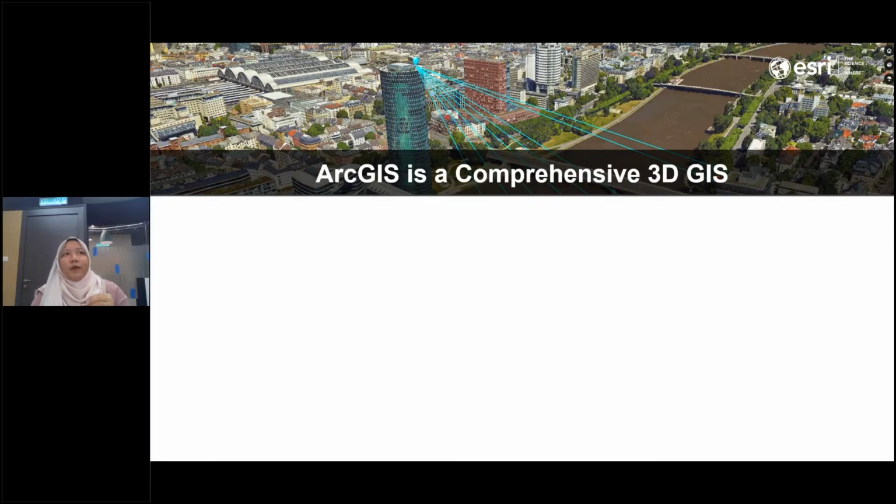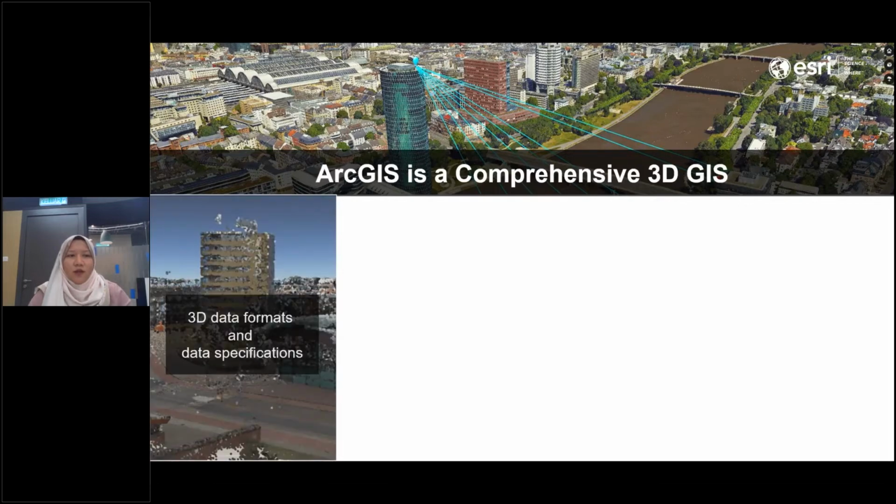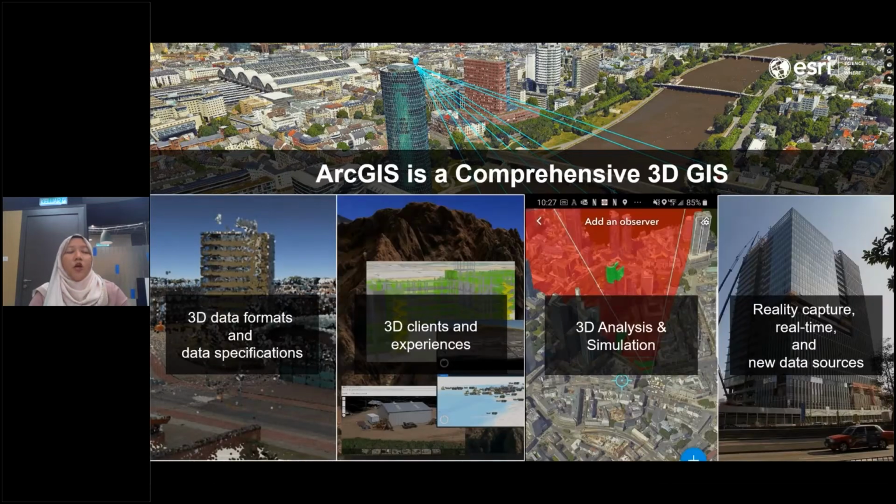Simply put, ArcGIS is a platform that provides a comprehensive 3D GIS. Why do I say so? It's because it supports a lot of 3D data formats and data specifications, especially inside your ArcGIS Pro, a platform where you can do a lot of comprehensive analysis.